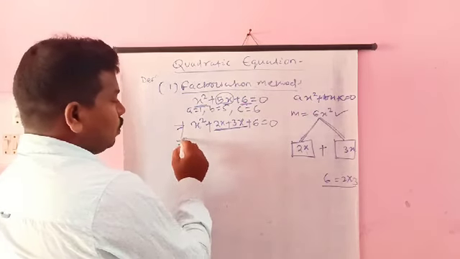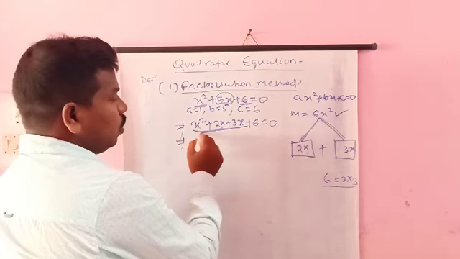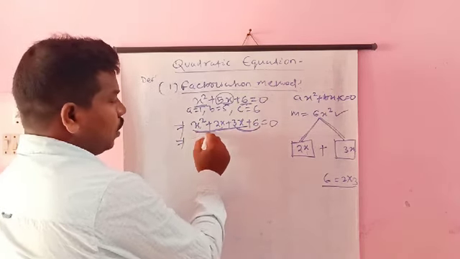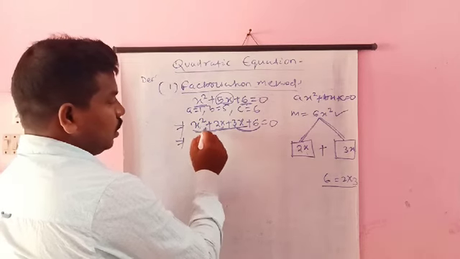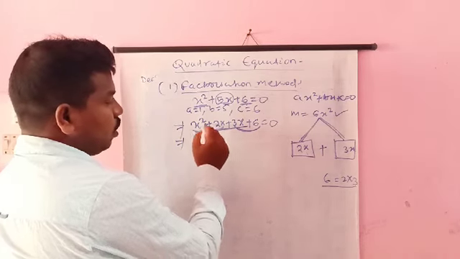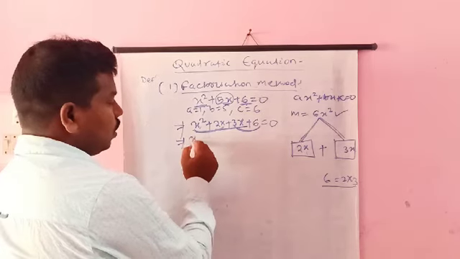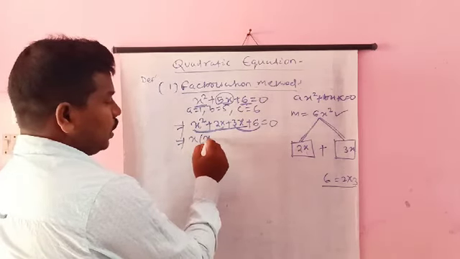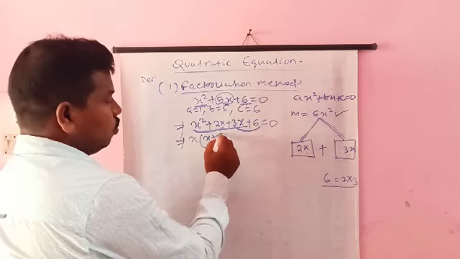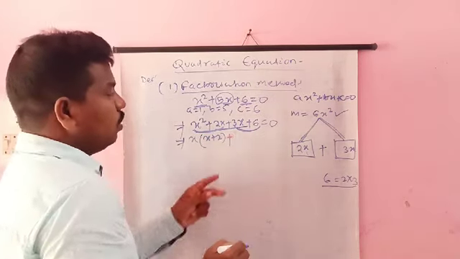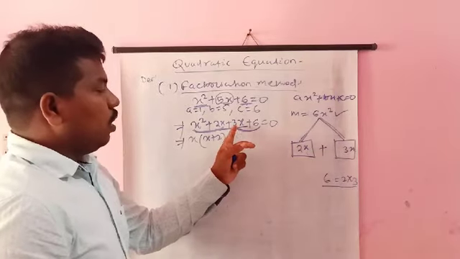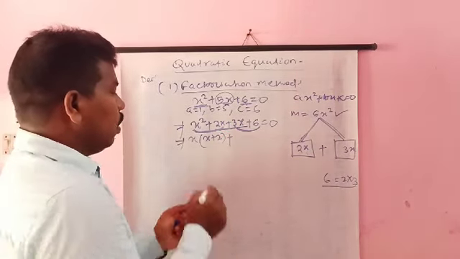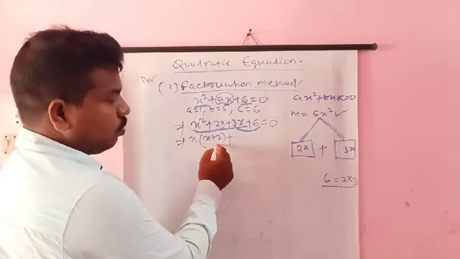Now we have to take a common factor from the first two terms and then from the last two terms. In the first two terms, the variable x is common. So taking x common from the first two terms, x remains, and x plus 2 remains. Again we take a common factor from the last two terms.